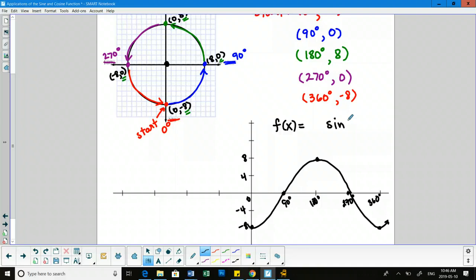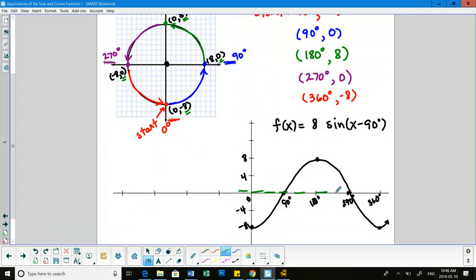So here's the question. How do we express this now as a sine function? So for sine, yeah, Alex? Sine x minus 90. Great. So how did you get x minus 90? Ah, okay.